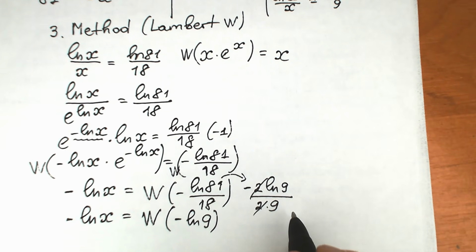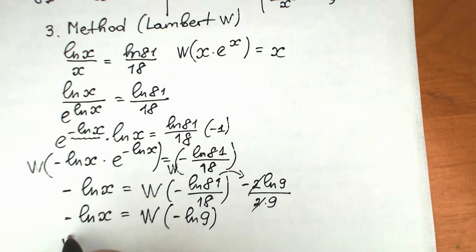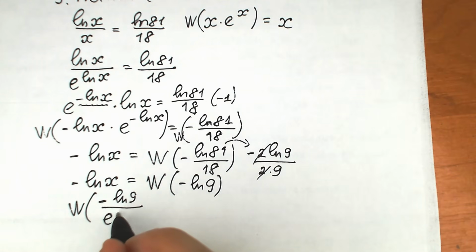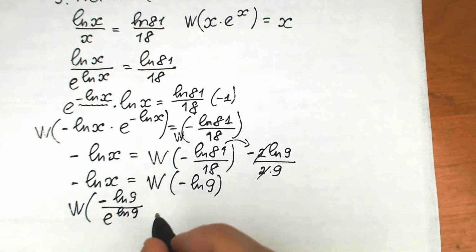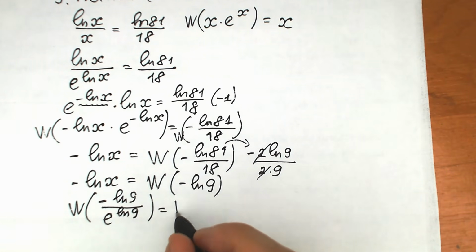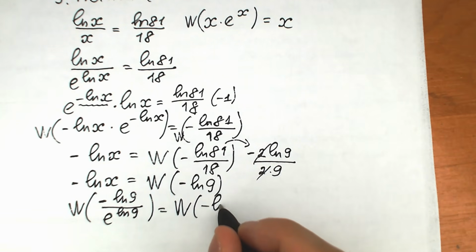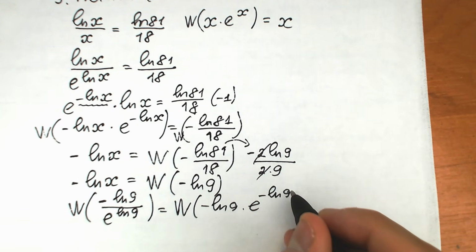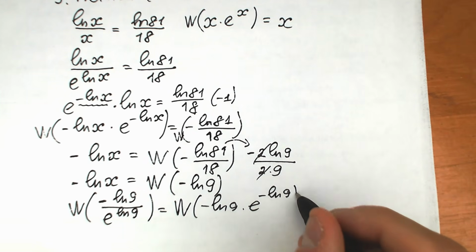Okay, what are we going to do next? The Lambert W function of this expression, minus natural log 9 over e to the power natural log 9, equal to the Lambert W function of minus natural log 9 times e to the power minus natural log 9, which gives us only minus natural log 9.